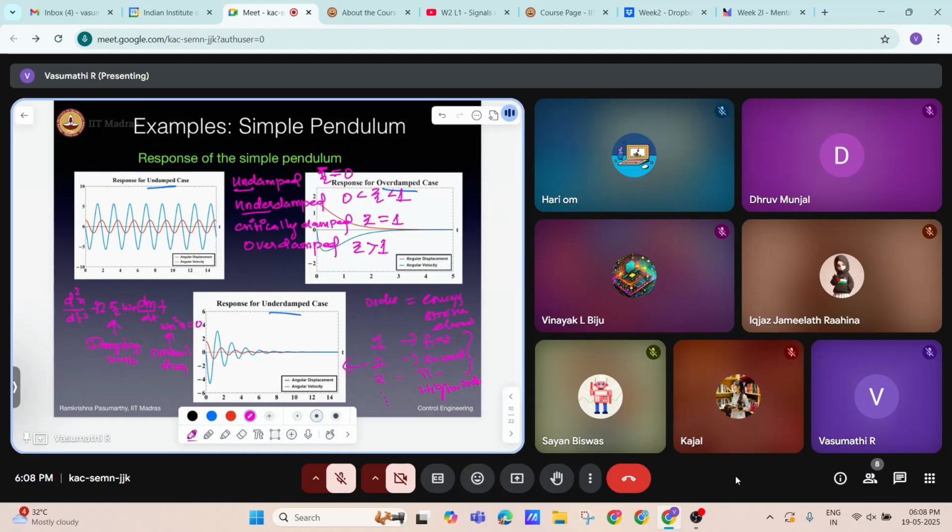Now I will say how the scenario looks. If the system is undamped, then the system will keep on vibrating. It will never settle. It will keep vibrating forever. Underdamped in the sense, it behaves with an oscillatory response. At first there will be some oscillations, but over a period of time it tries to decay and settle.